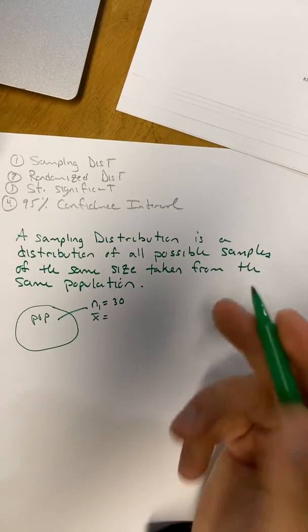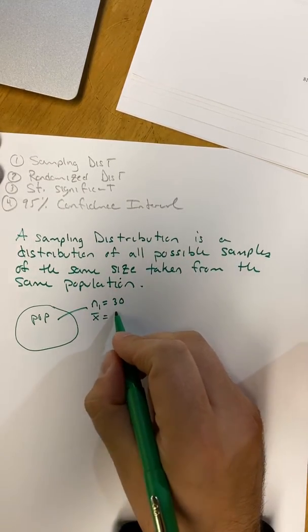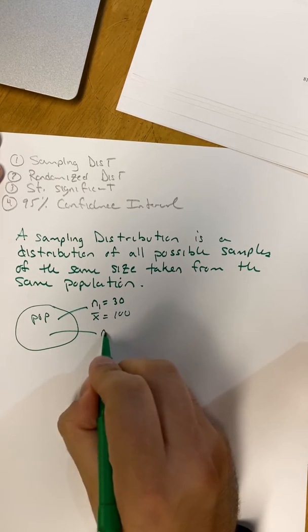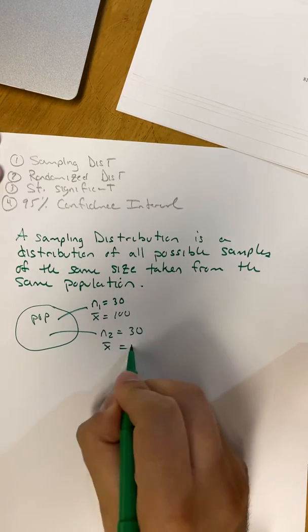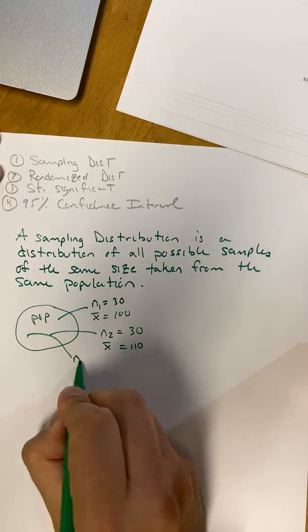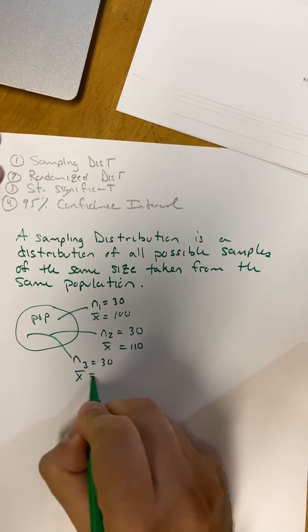Let's say I get, I don't know, in thousands, 100. Grab another sample. They have to be the same size. Sample size 30. Let's say I find 110. Grab another random sample, size 30, and let's say I find 200.